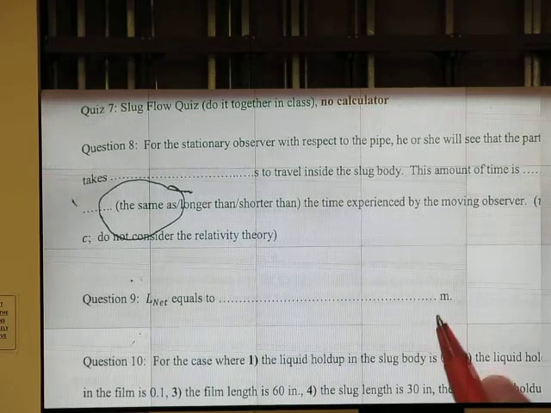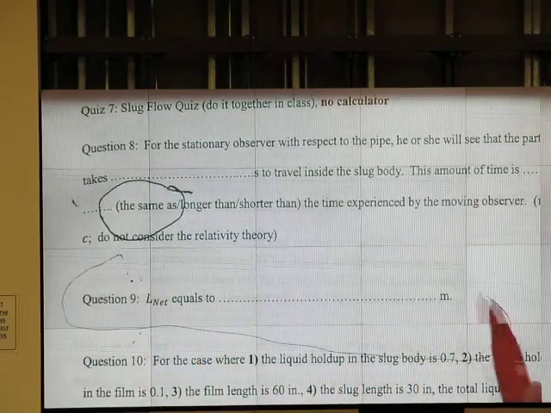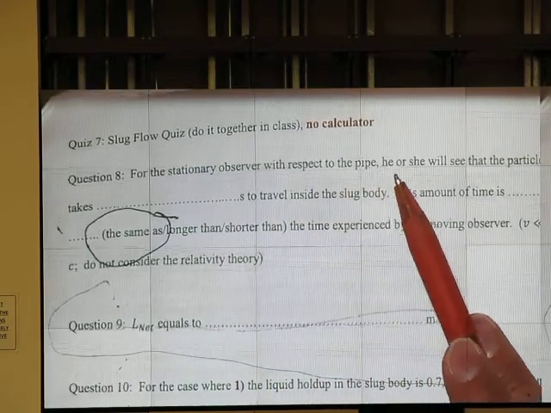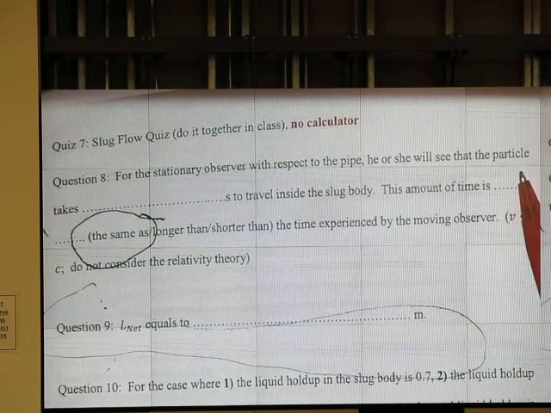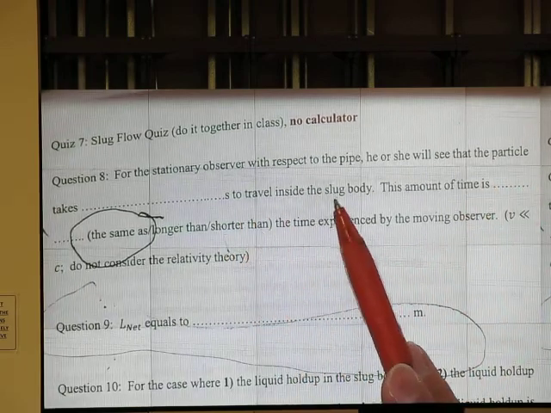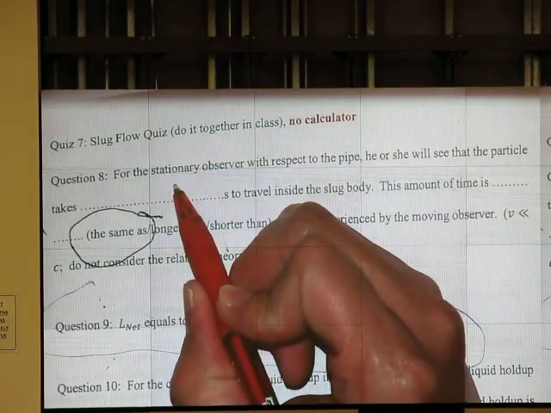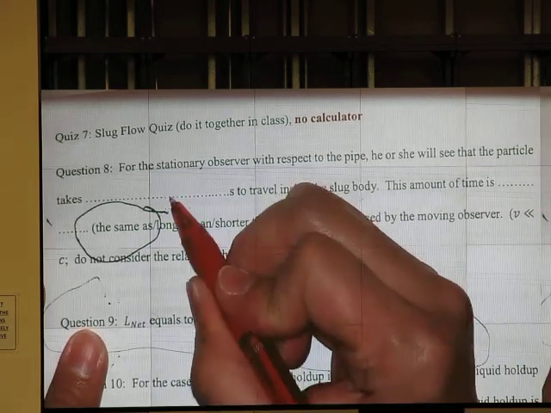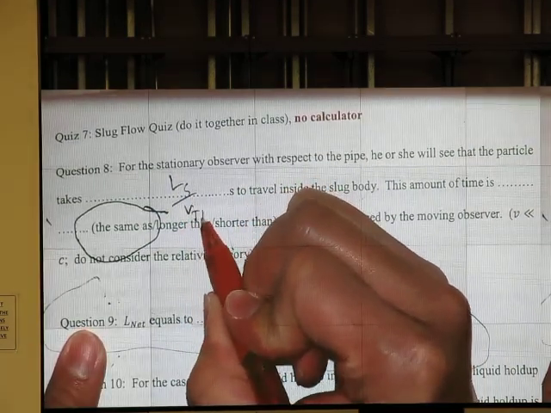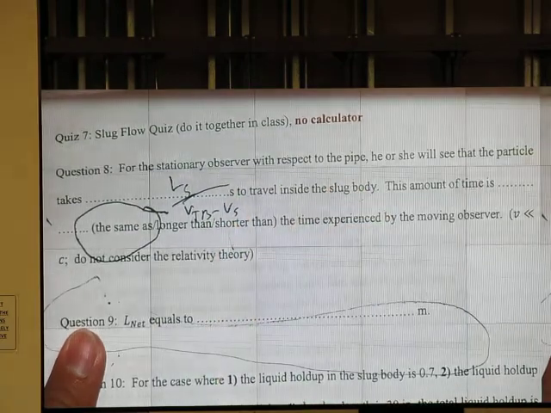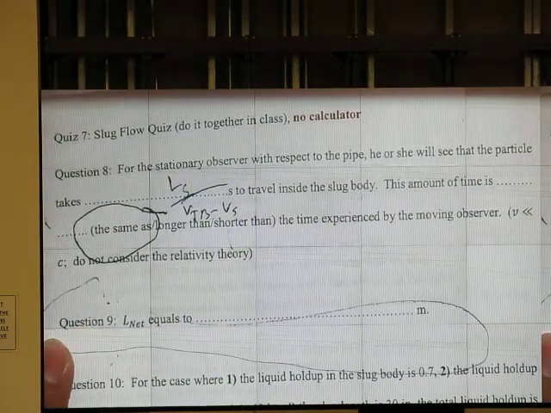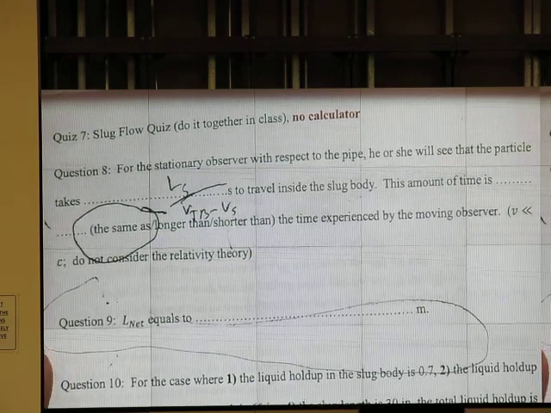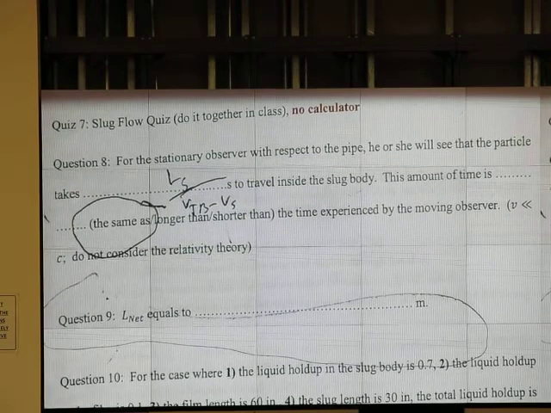Let me finish this one and we leave question 9 for you to see the solution. For the stationary observer, if you see the same thing that the moving observer sees, how many seconds will that particle take to travel inside the slug body? The slug body has a length of Ls, right? And the speed will be VTB minus Vs. Good. So they will experience the same amount of time. Okay.